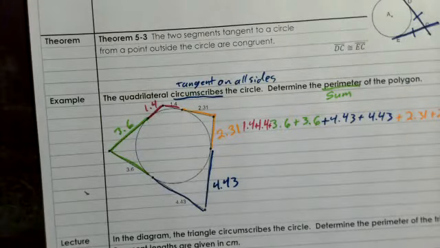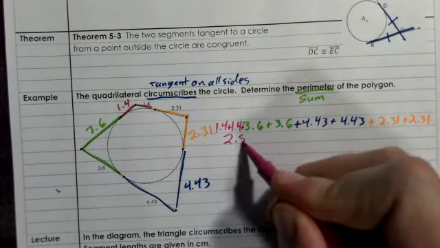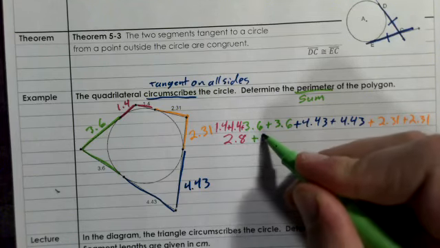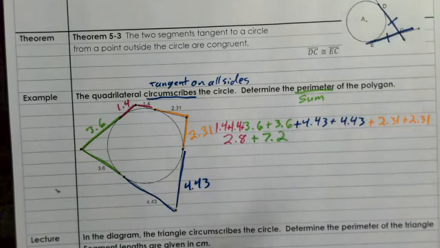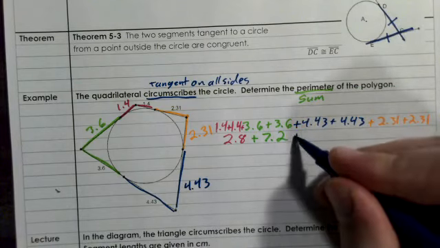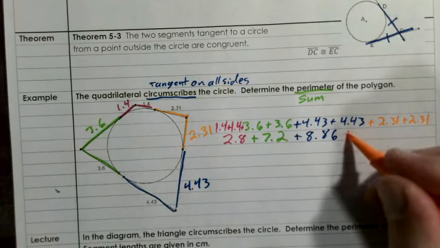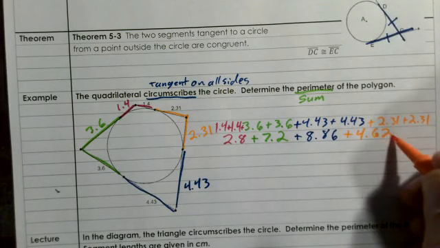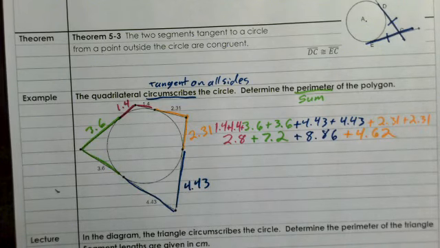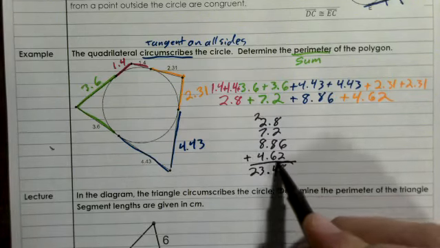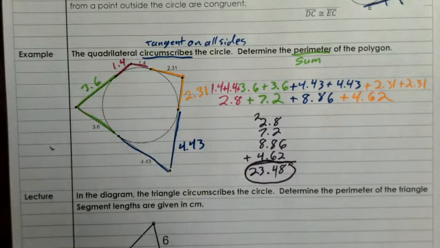That is 2.8. The 3.6s make 7.2. The 4.43s make 8.86, excuse me. And then the 2.31s make 4.62. So I just got to add all of those up. And so after adding those all up, I got 23.48 for that perimeter.